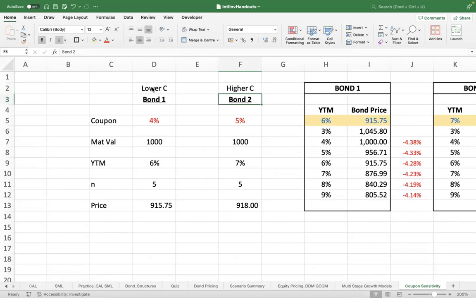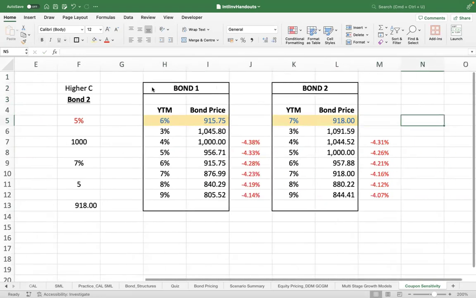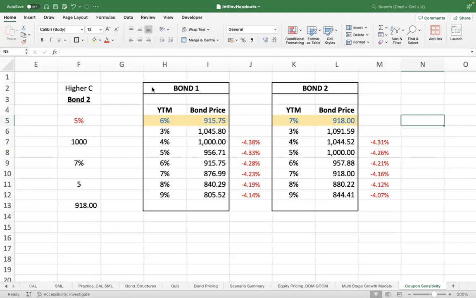Right, everyone? So do you see more sensitivity in the lower coupon bond or in the higher coupon bond? So that's what, when the coupons are low, you will see a higher sensitivity of prices to change in yields as compared to bonds which have a higher coupon.